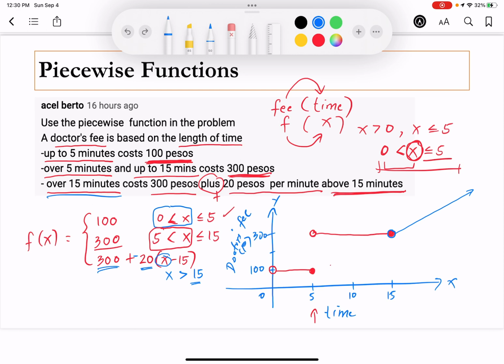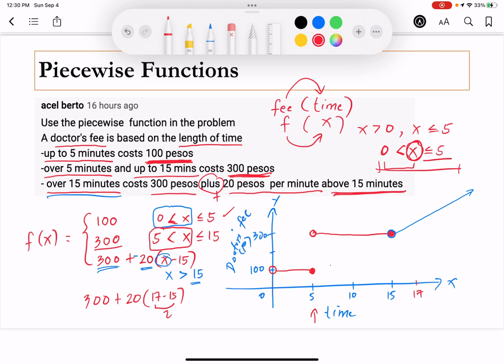So let's try to find out if that's really correct. Let's say, you visited the doctor for ilang minuto gusto nyo? Let's say 17 minutes. Kung 17 yun, so 300 plus 20 times 17 minus 15. So, syempre, ano na to? 2, right?